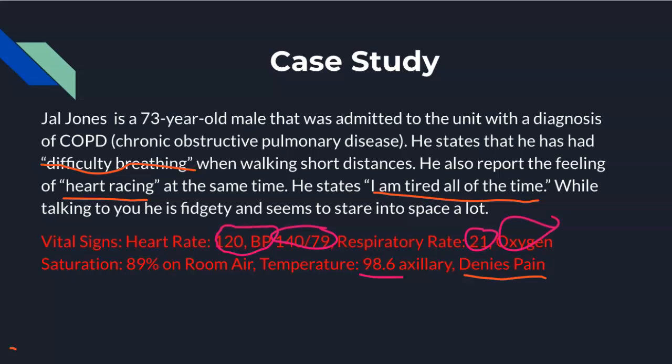That way you're able to move on into the next part of the nursing process. With that being said, we have made it to the end of the PowerPoint 4 assessment, and we'll move on to the next part of the nursing care plan, which is the diagnosis part.